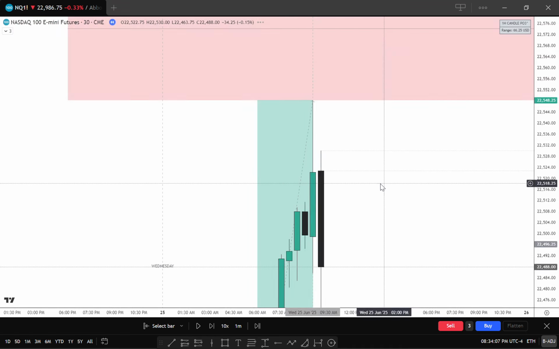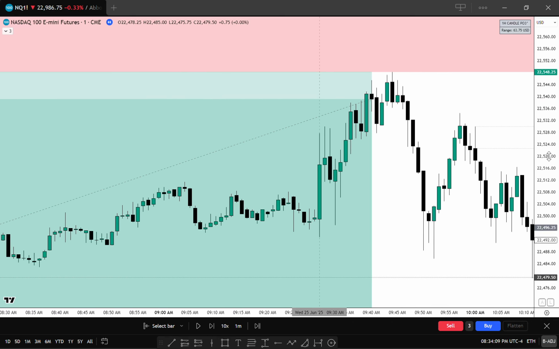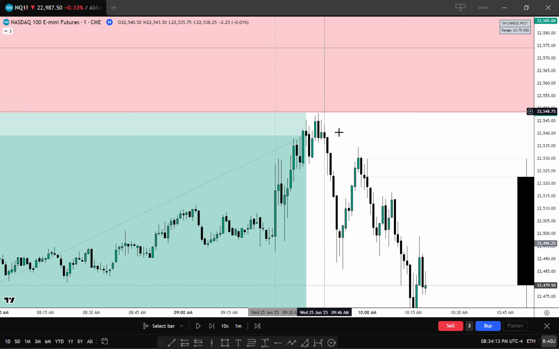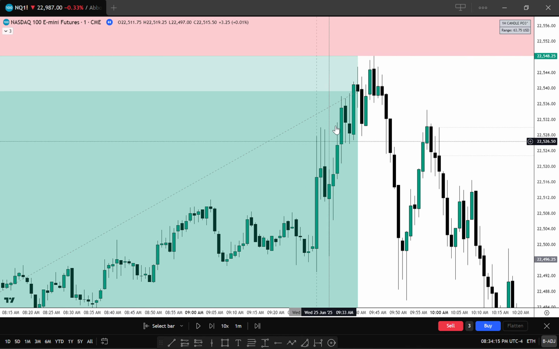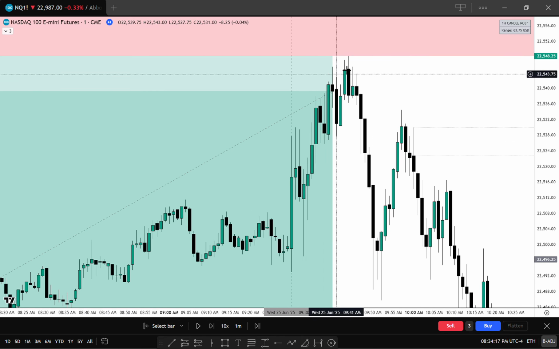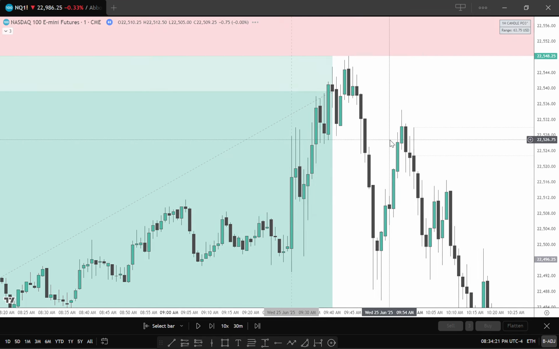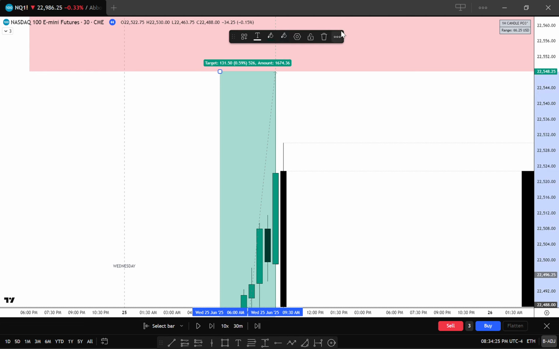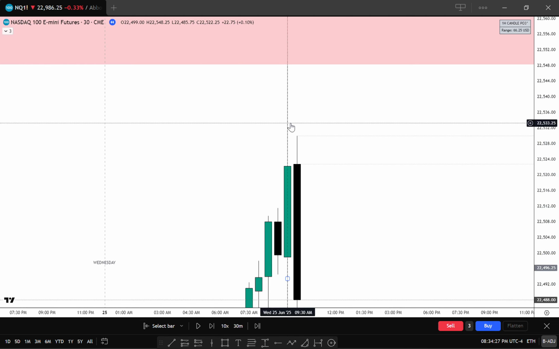If we go down to the 1-minute chart, that wick looks like up and then down. So this took 30 minutes to form on the 1-minute chart, but it appears as a single wick on the 30-minute chart, correct?